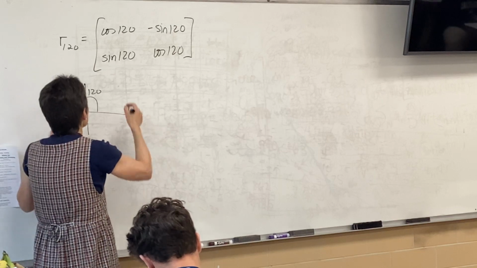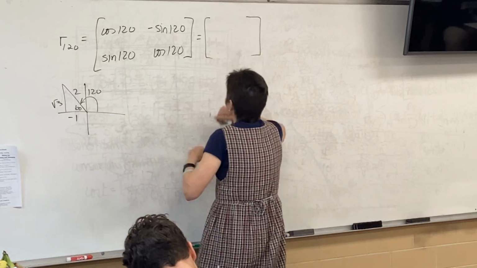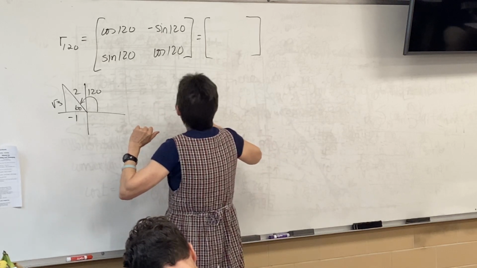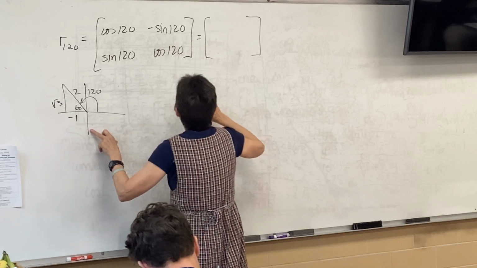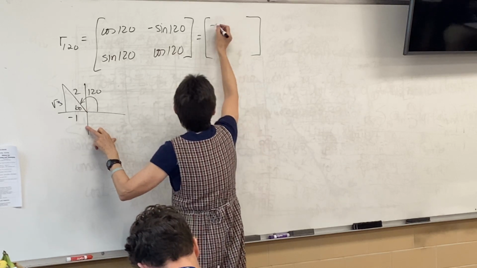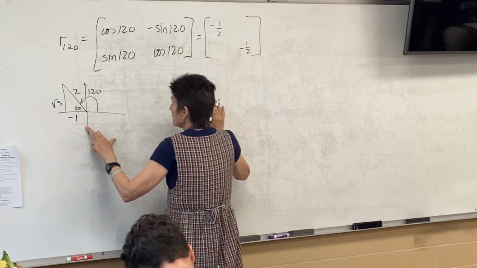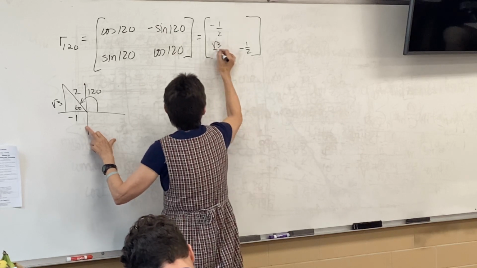All right, so here we go. What is the cosine of 120? Negative 1/2. And what is the sine of 120? Root 3 over 2.